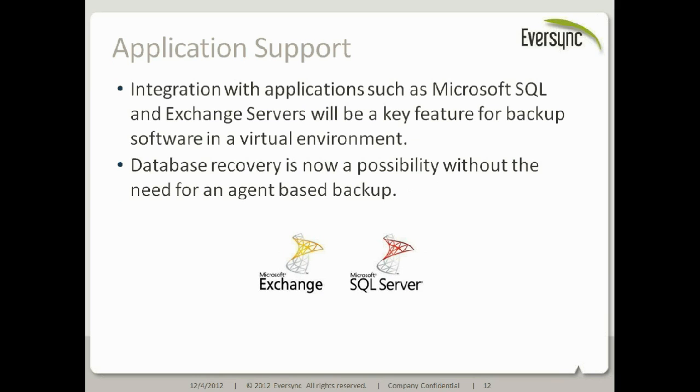And then, as I mentioned, the application support, for example, Microsoft SQL Server or Exchange Server. This support lets you, when getting a backup of the VM, first signal the VSS system to signal, say, Exchange, for example, to save out its files in a consistent state before you take that snapshot.